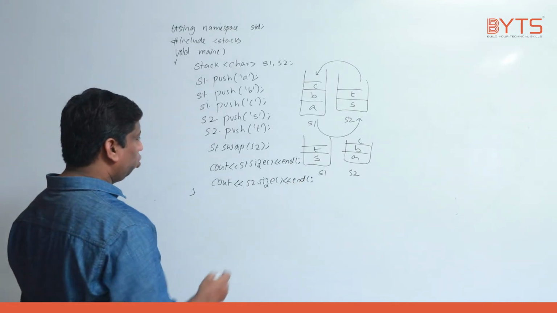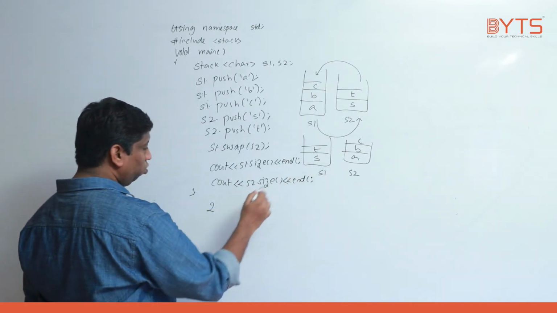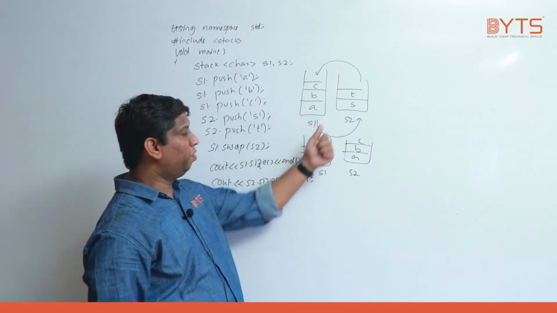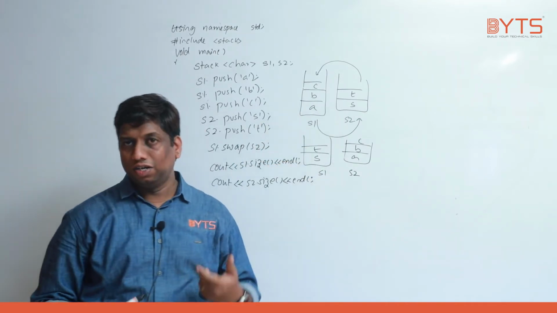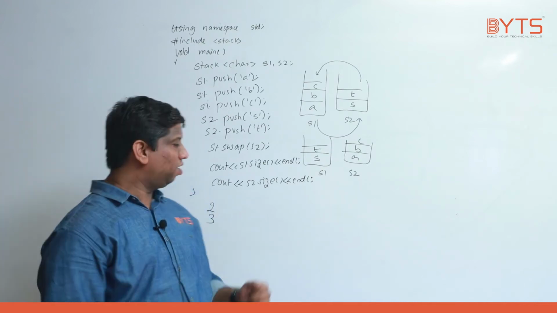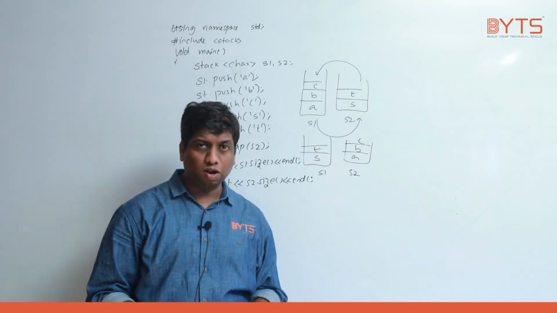Fine. So what is the size of the stack now? 2. What is the size of the other stack? 2, 3. Initially s1 was having 3 elements and s2 had 2 elements. Now we are having 2 elements and 3 elements, right? Instead of printing the elements in the stack, to ensure the stacks are swapped, I just printed the count. Still if you want, you can print the values also. That's all up to you people, right?